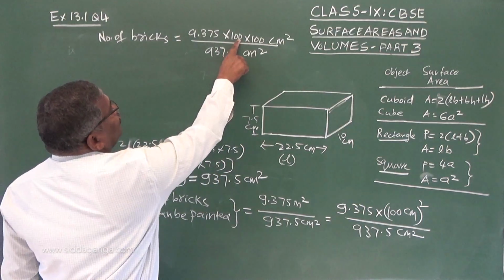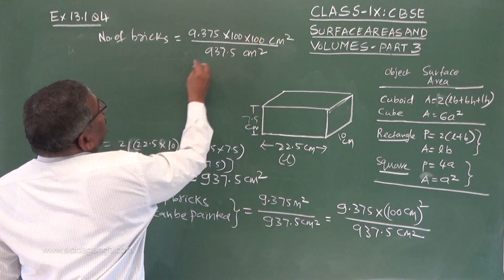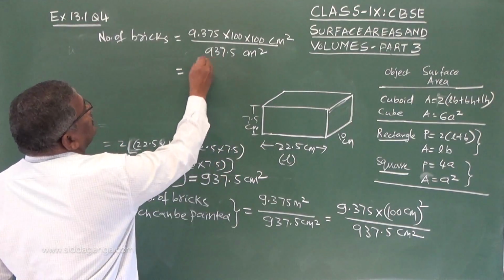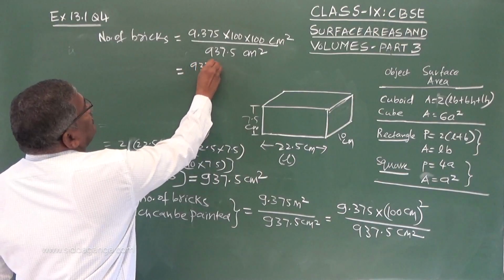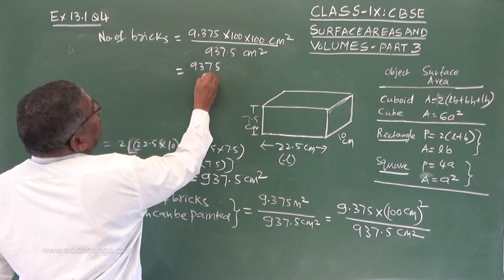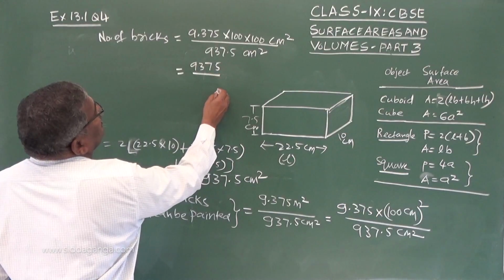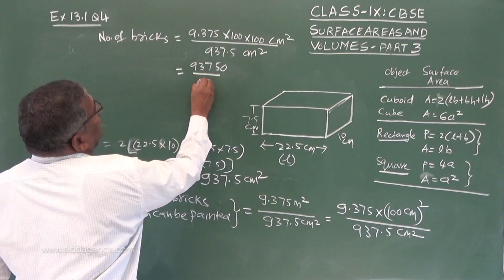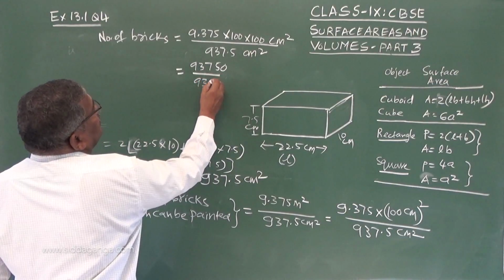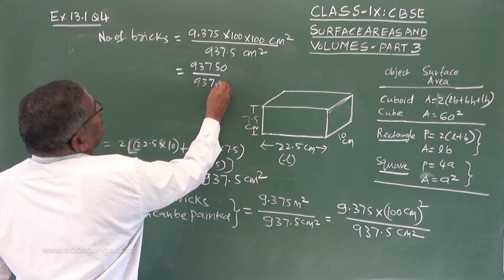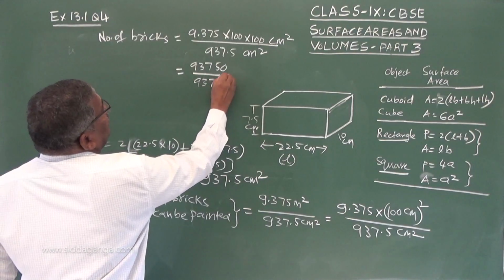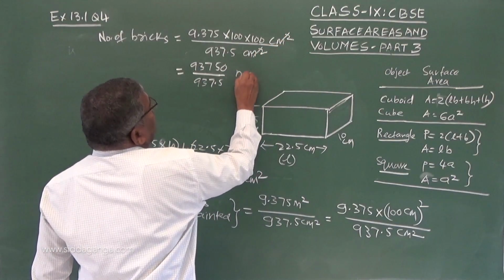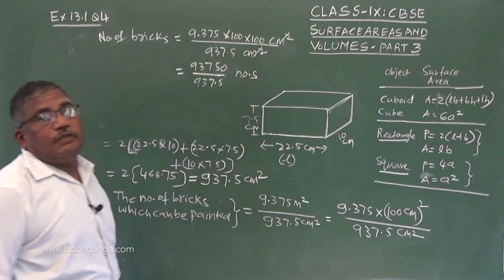Now see, 2 plus 2, 4 zeros. So you will get 93750 divided by 937.5, and centimeter square cancels, you will get numbers. Remember this.